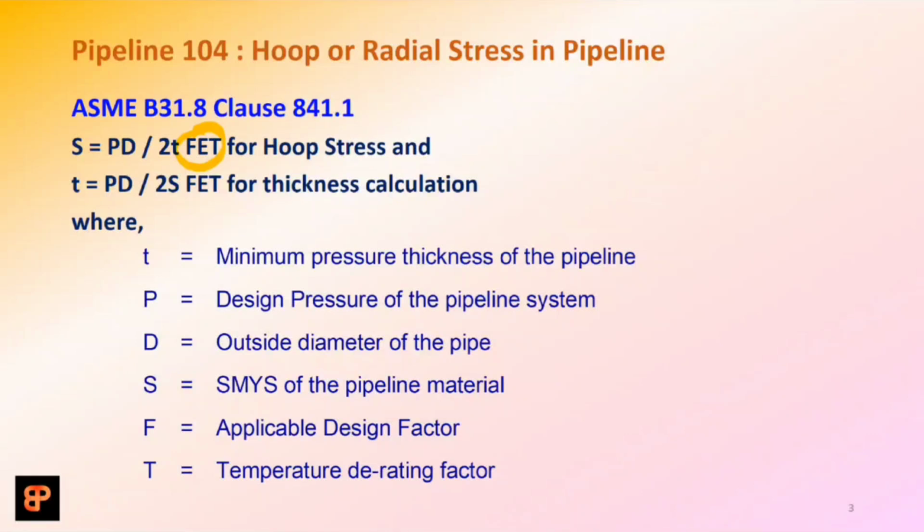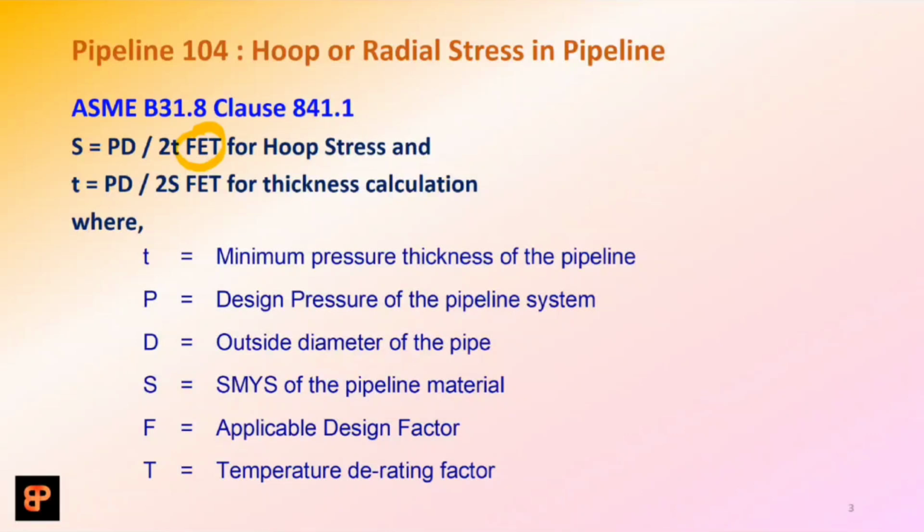Considering the black color of the pipe body, it may keep on absorbing the sun's radiation heat, and because of that its temperature will keep rising to a maximum of 82 degrees centigrade, which we call the black bulb temperature.